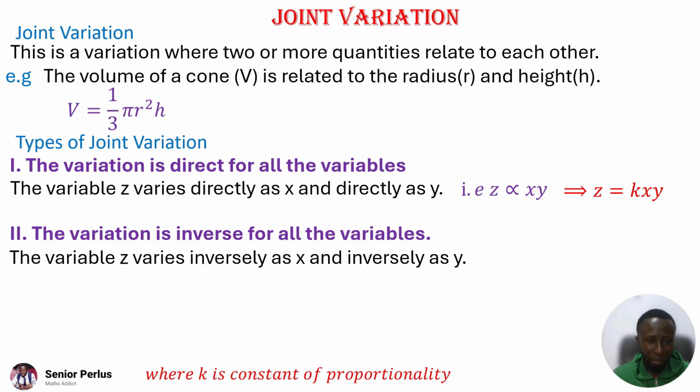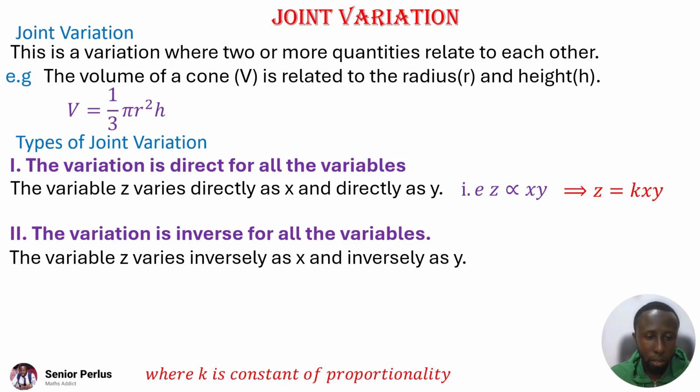First, z varies directly as s, and z varies directly as y, and this can be written as z varies directly as s and y.